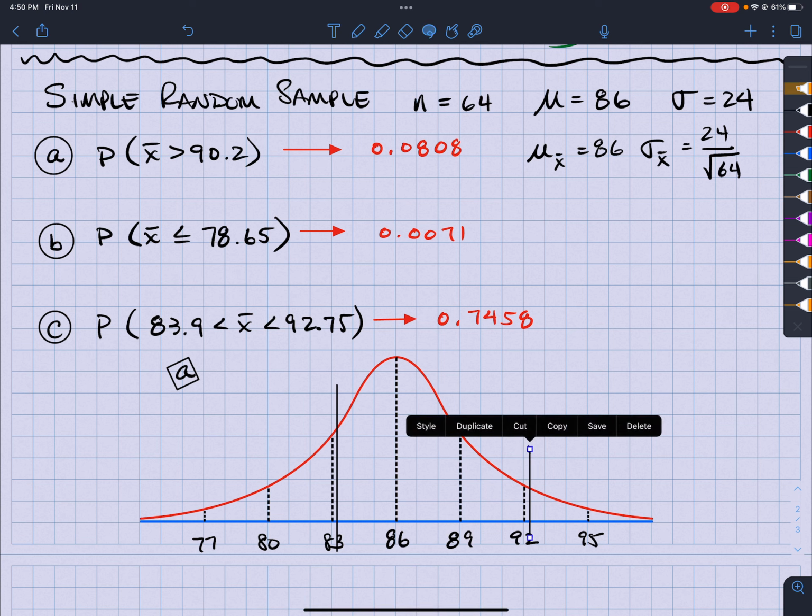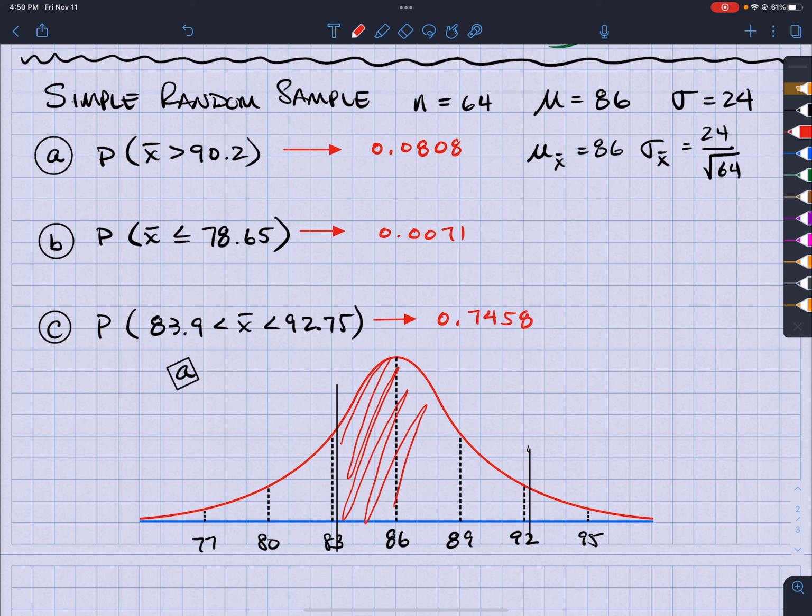So we're looking for all of this area right here. Just within one standard deviation is already 68%, and then we got this, so getting around 75% would make sense. So take a look at that and see if you guys get exactly the same thing or not, all right?